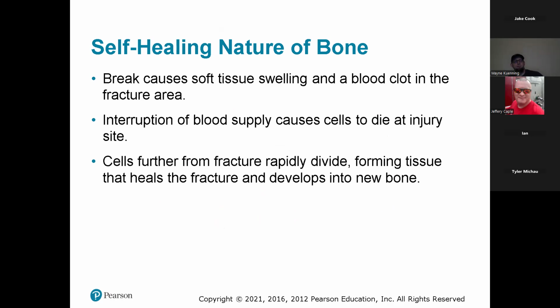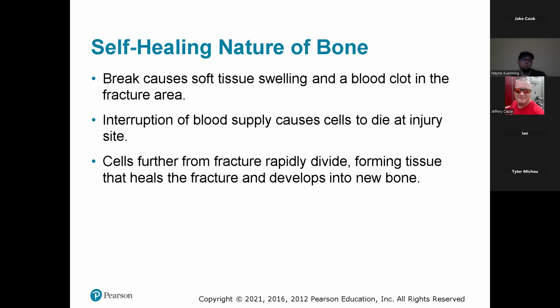Bones heal themselves by ossification, I believe is the word. It's a redistribution of the ostium by collections of calcium. But how that extra calcium gets there to allow for that repair to start all starts with the blood. So the break causes soft tissue swelling and a blood clot to develop in the area.